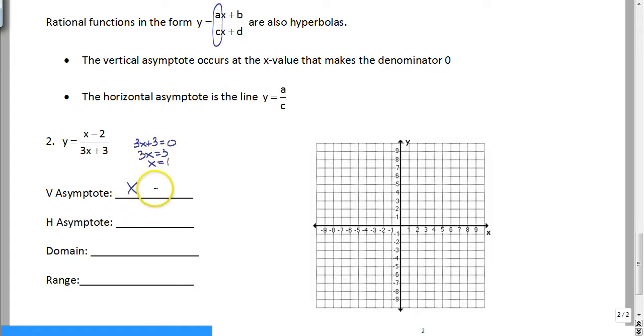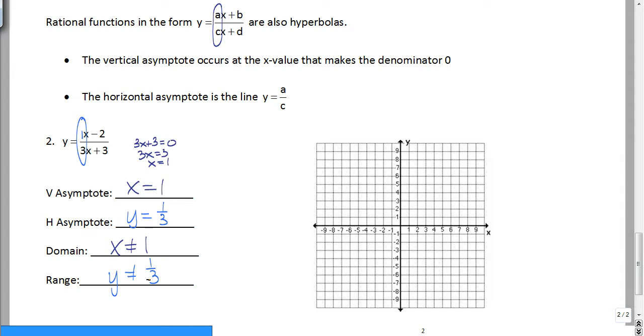So that is your vertical asymptote, x equals 1. And if you remember correctly, x cannot equal 1 would be your domain. Now your range and your horizontal asymptote, this is 1x over 3x, and you just take the leading coefficients. So our horizontal asymptote is y equals 1/3, which means our range is going to be y cannot equal 1/3.